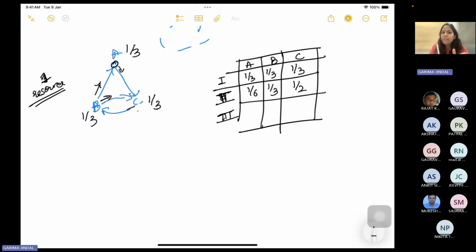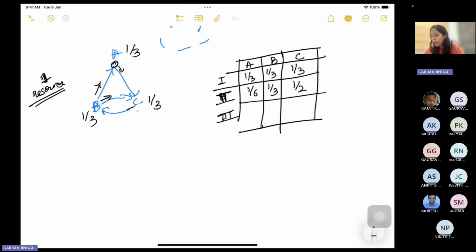Why are we giving these equal values? Because we mean to say that all these nodes have equal power. Whenever we are giving feedback or suggestions, at that time all have equal power, so all will initially have the same values.